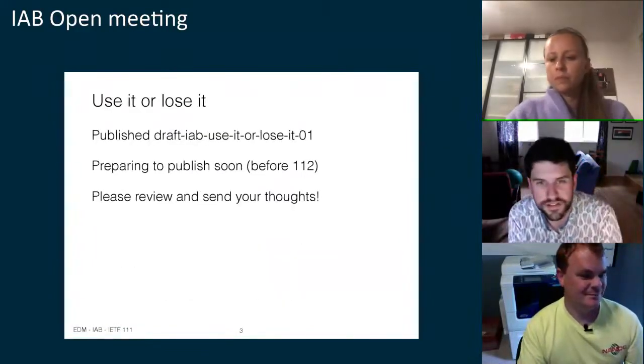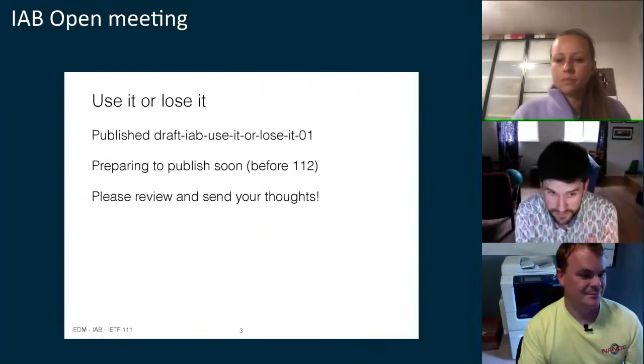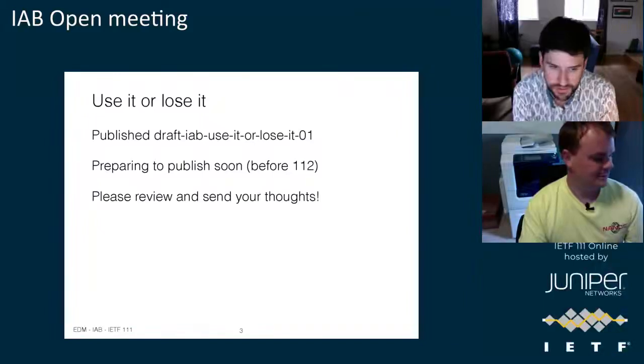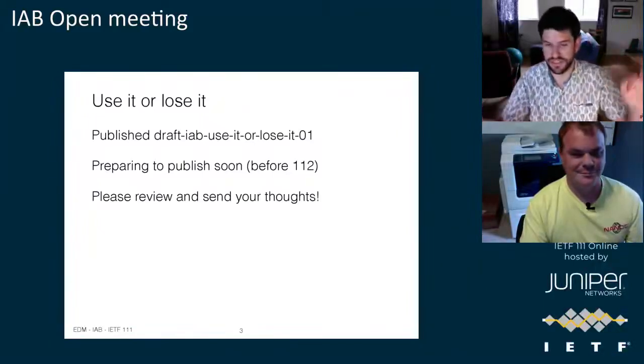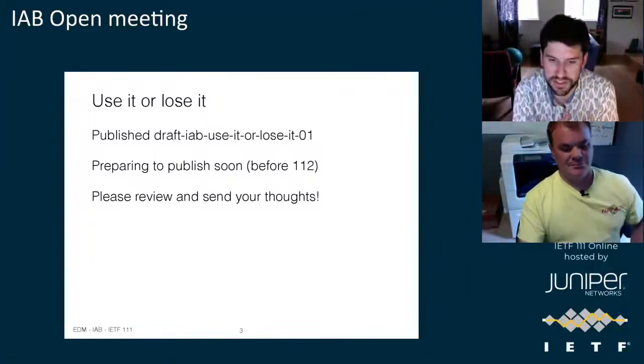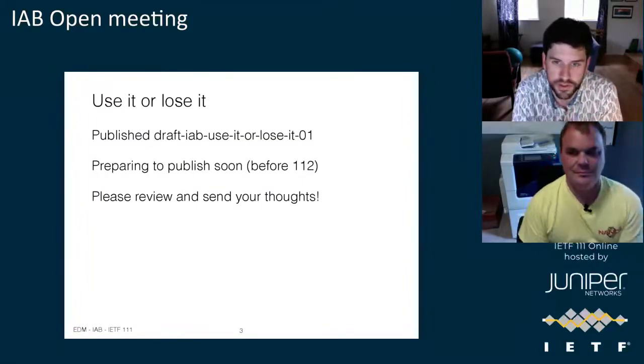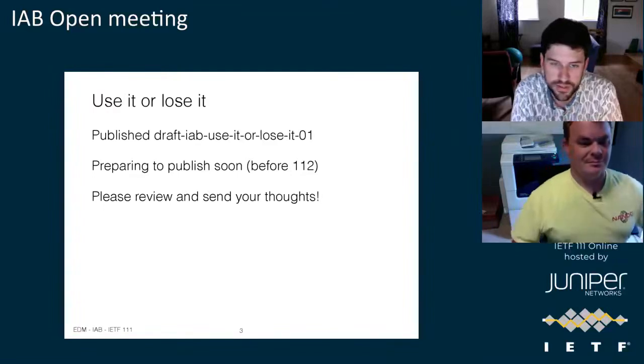All right, I wanted to give a brief overview of this document since we're trying to get it to progress. If you are interested in reading it, you can get an idea of what is in the document. Currently, we are on the 01 version of the IAB document.